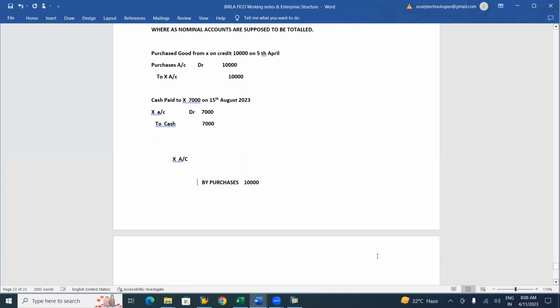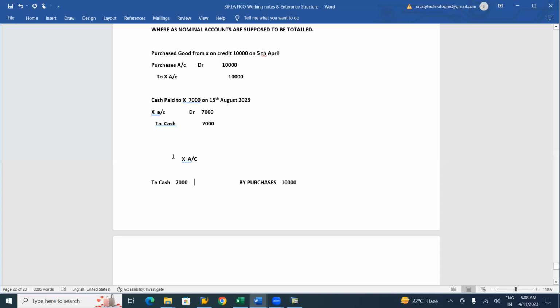We are paying cash of 7,000 and we write it on the debit side: to cash 7,000. So we have already paid 7,000.